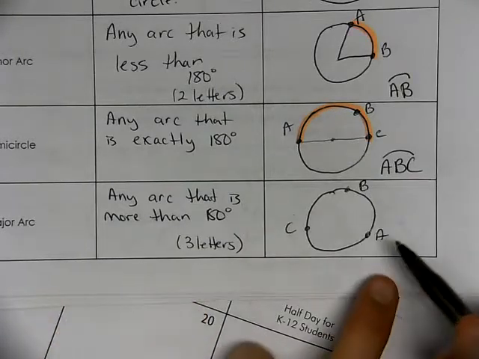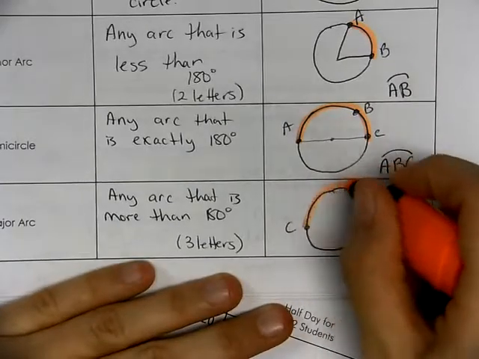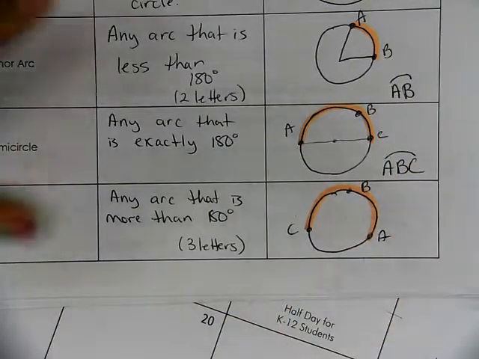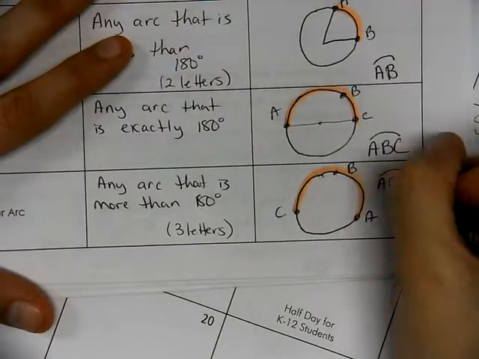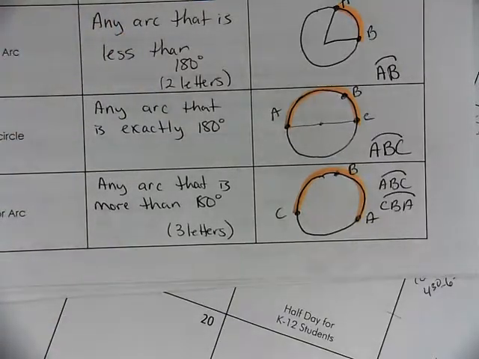I could name this major arc, all the way around, 2 different things. I could name that ABC with an arc on top, or CBA with an arc on top.